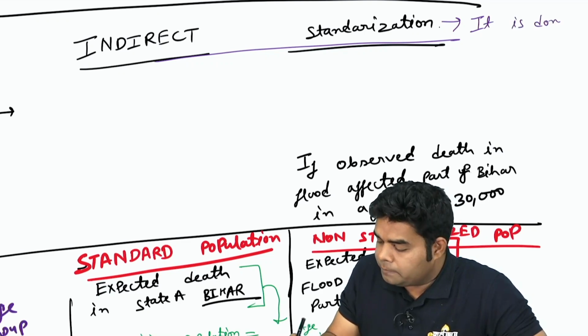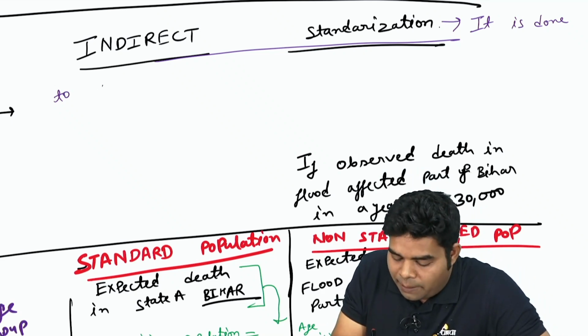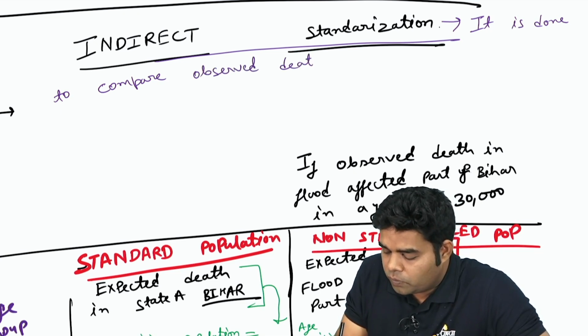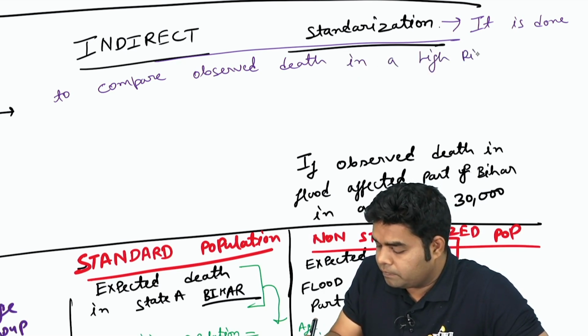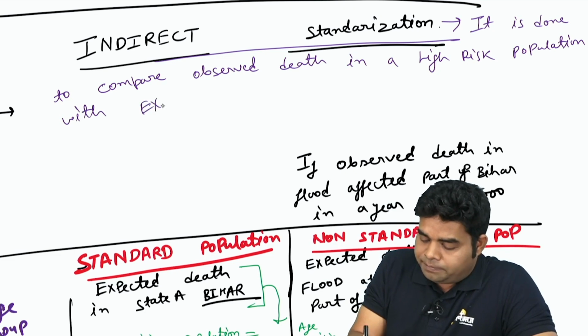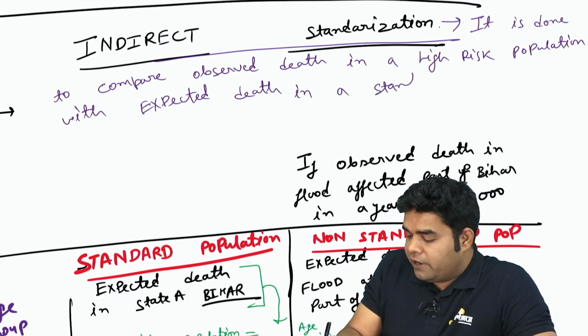It is done to know or to compare observed death in a high risk population with expected death in a standard population, in a standardized population.